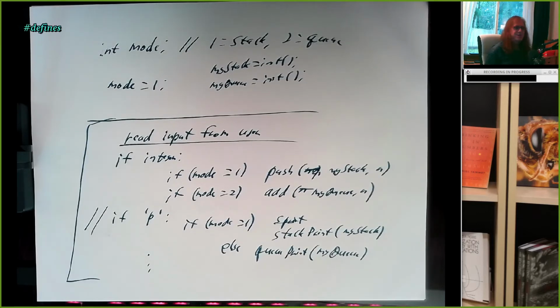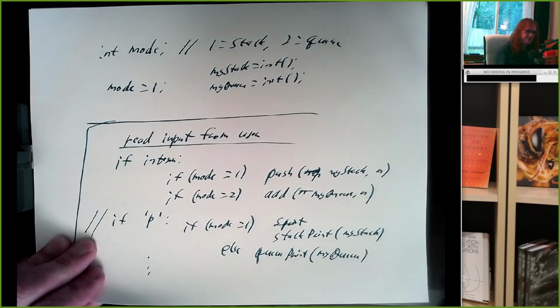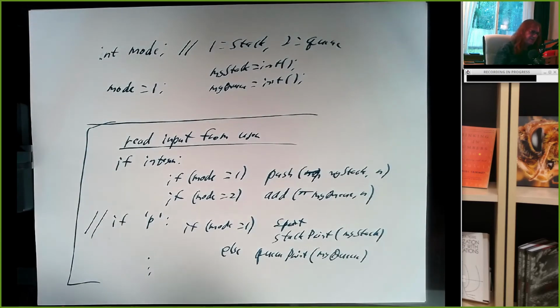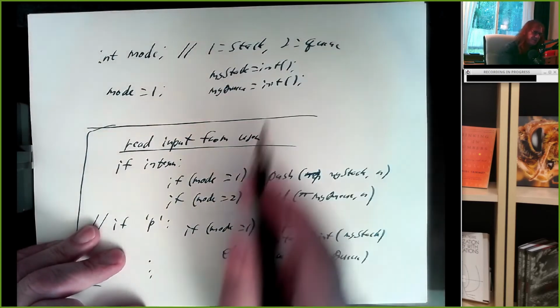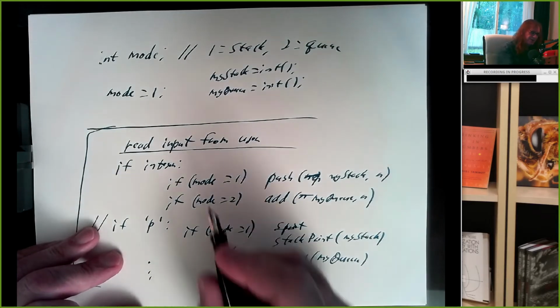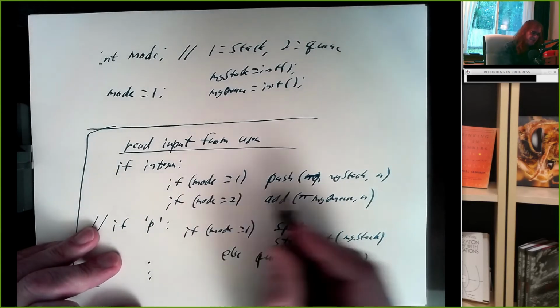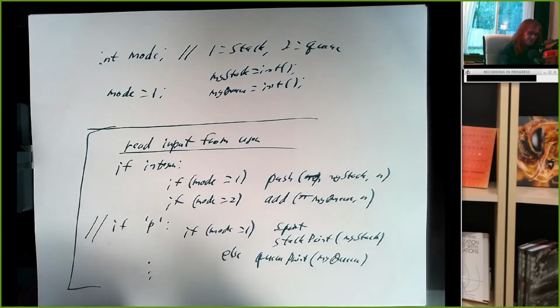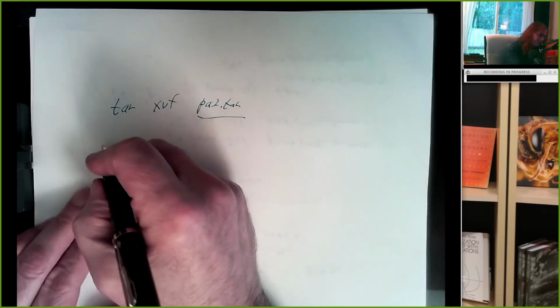And this, by the way, is a classic example where you could use defines in C, because I have this magic value: mode is 1 for stack and 2 for queue. And I have to remember down here to check if mode is 1, do my push. If mode is 2, do my add. But this is a case where you could use some defines.